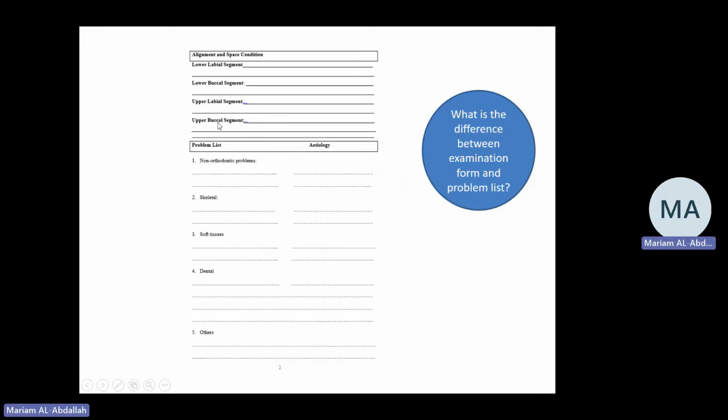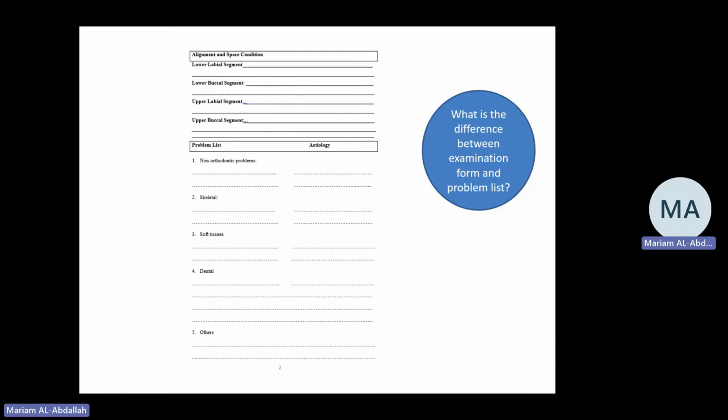When you finish the examination, you need to write down your problem list. And the difference between the examination and the problem list is that we only mention the problems. So I cannot, for example, say in the non-orthodontic problems, good oral hygiene. Well, this is not a problem. Or good tooth quality, or no fillings. This is not a problem, okay? And the skeletal here, I need to write down, for example, class 2 skeletal pattern.